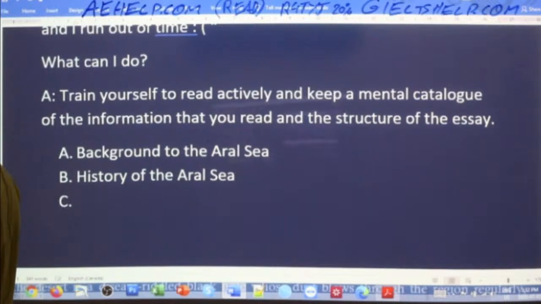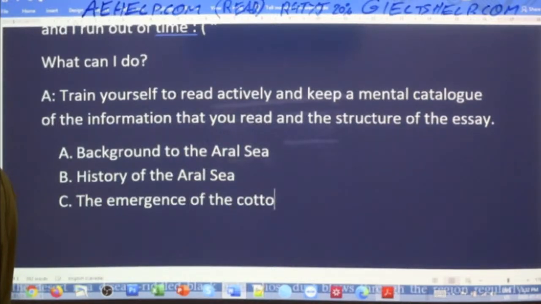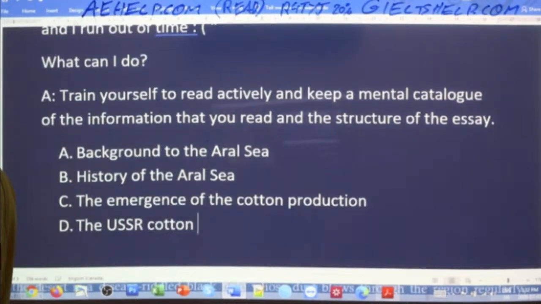Okay, paragraph 3 was the emergence of the cotton production. That was Turk, I believe, that said that. And then the fourth was the USSR cotton production resulting in shrinkage.